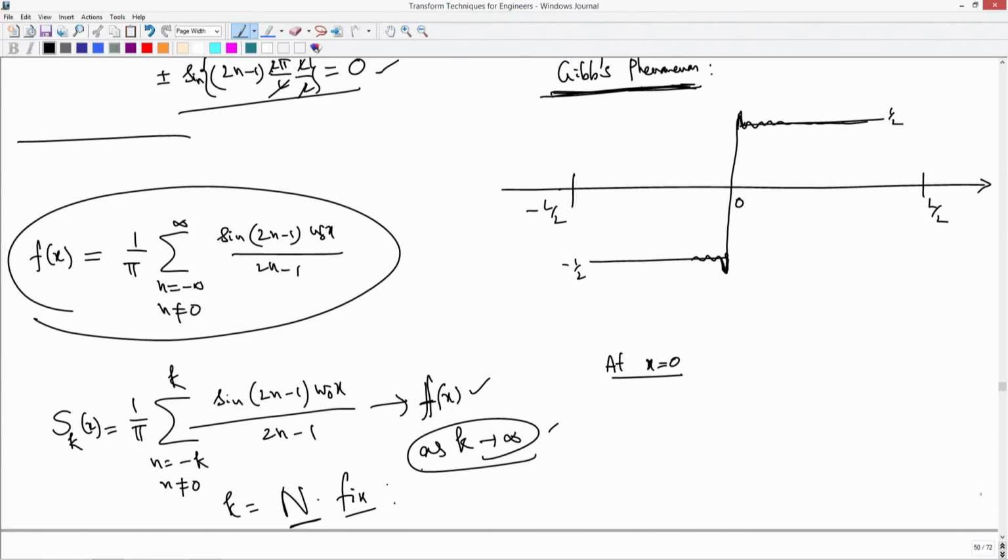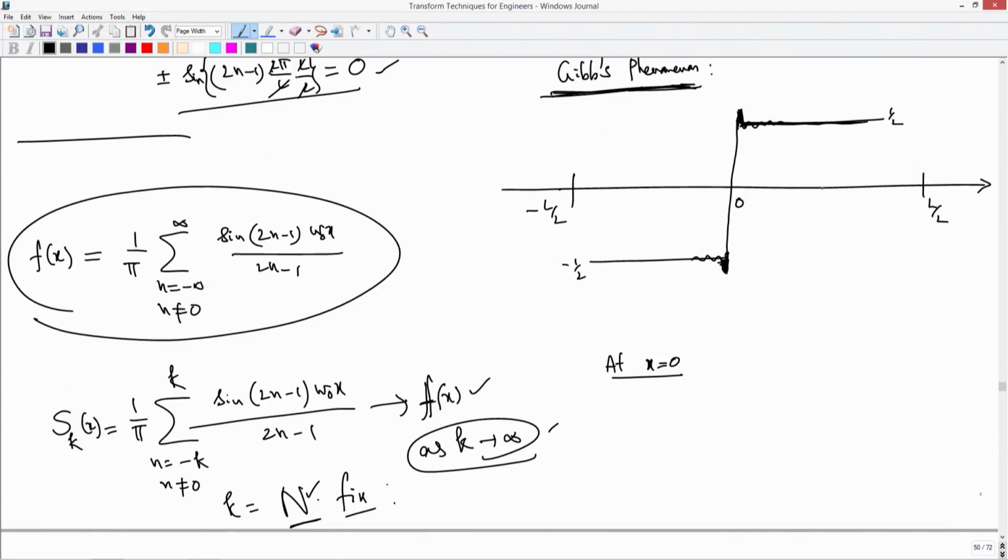What happens as k goes to infinity is that on the right side of 0, whatever fluctuations you see fizzle out, and they eventually converge to the constant half. But the fluctuation at the extreme point near 0 will always be there. That extra error is always observed, whatever n value you fix.